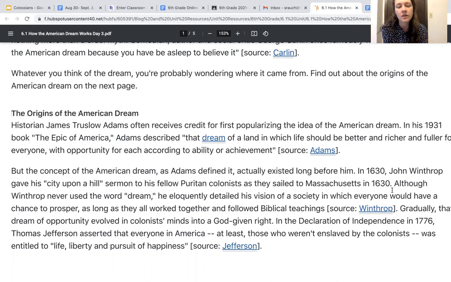Although Winthrop never used the word dream, he eloquently detailed his vision of a society in which everyone would have a chance to prosper so long as they all worked together and followed biblical teachings. Gradually, that dream of opportunity evolved in colonists' minds into a God-given right. In the Declaration of Independence in 1776, we're going to talk about that in history very soon.